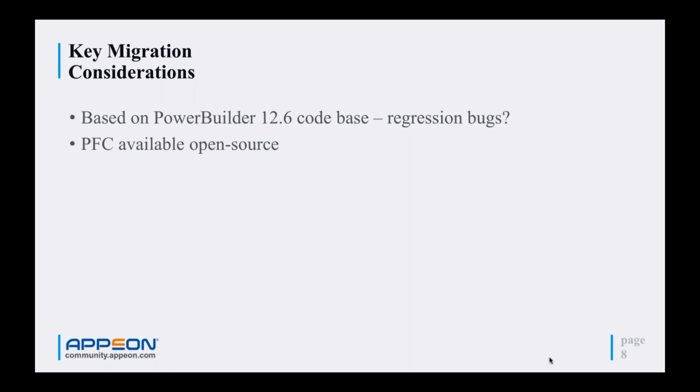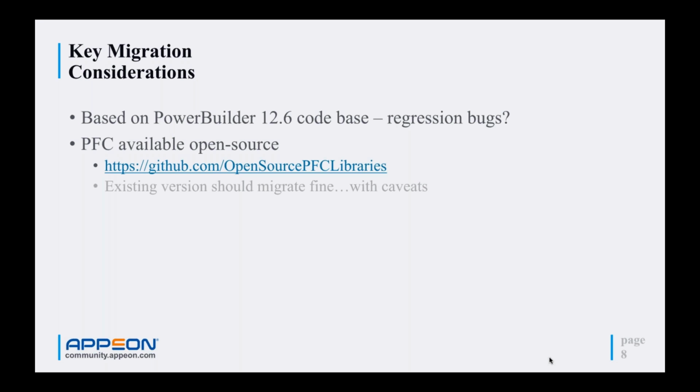So you need to provide for the possibility of regression bugs. The PFC has been open source and not included with the PowerBuilder installation for quite a few versions now. You can find the PFC libraries at this URL on this slide. The PFC applications should migrate just fine with some caveats that I'll cover in just a few minutes.